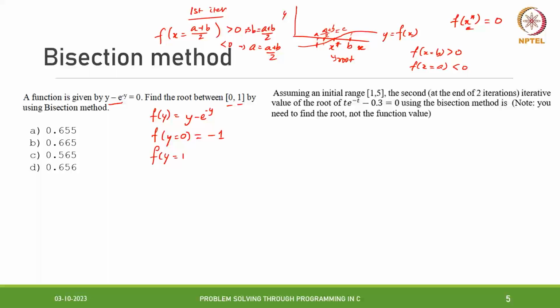Then I'll calculate the value at y equals 1. How much is that? Can somebody calculate and tell me? Are you sure? It's y equals 1, right? Yes, 1 minus 1 by e, because this is minus y here.